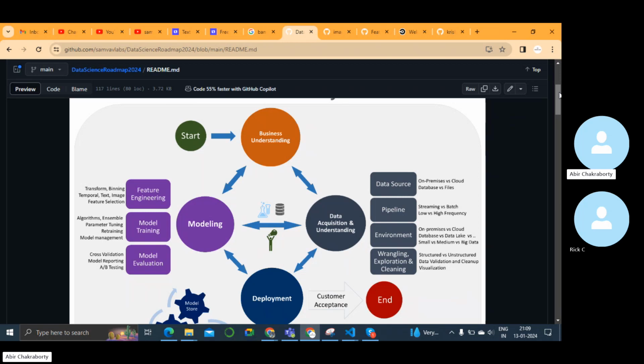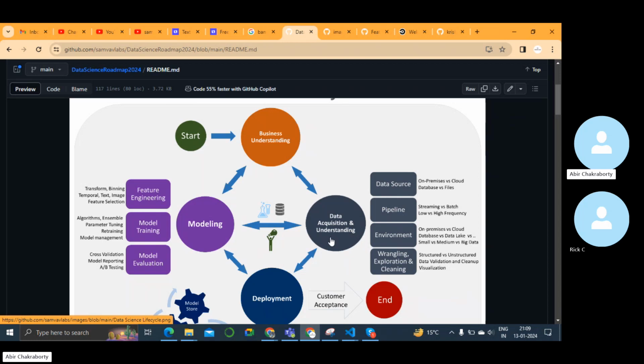So the mining part is reduced in many big companies, but in some small companies, where customer segmentation, sales predictions, and marketing predictions need to be done, there is a huge amount of mining work required as well. This mining task, data acquisition, and understanding come into the second process after business understanding, as you can see in this life cycle.